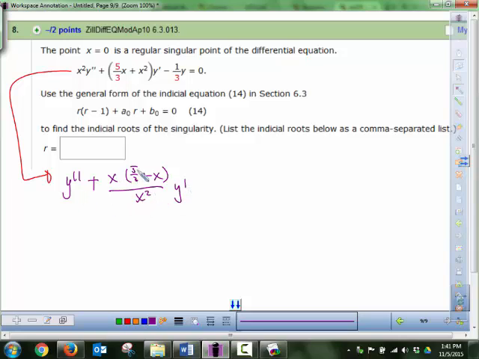Dividing everything by x squared cancels that x. The last term is minus 1/3, divided by x squared. So my capital P of x function is (5/3 plus x) divided by x.